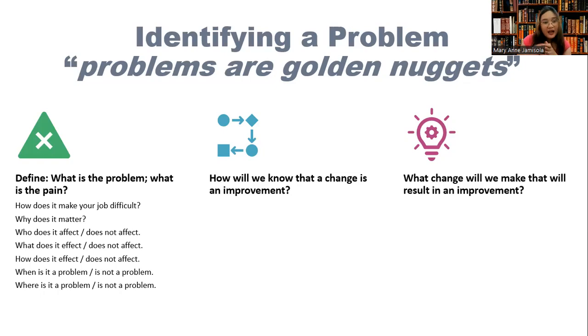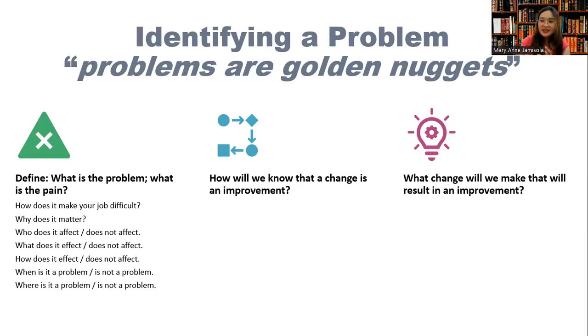And then, how will we know that a change is an improvement? Does it mean that if something is changing, it is a change for the better? No. So at first glance, we would see that not all changes are good. So how will we know that a specific change is actually an improvement? What change will we make that will result in an improvement?